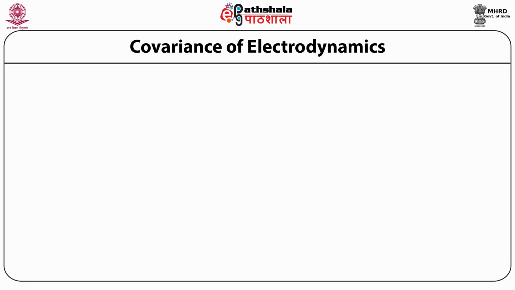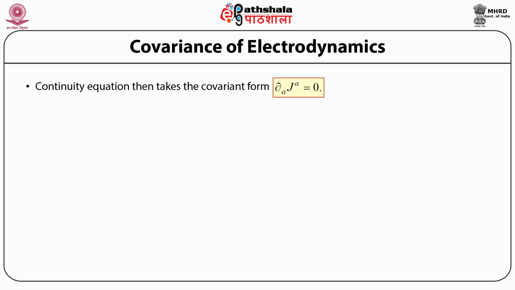The 4-vector corresponding to the charge density and the current density vector can then be combined together to give the equation of continuity, because we know that the equation of continuity is given in terms of the charge density and the current density as the divergence of the current density plus the partial time derivative of the charge density equal to 0, that is, del dot j plus del rho by del t equal to 0.